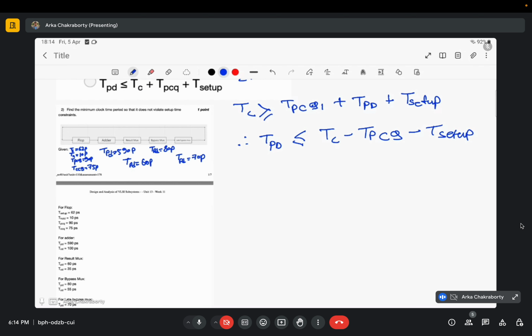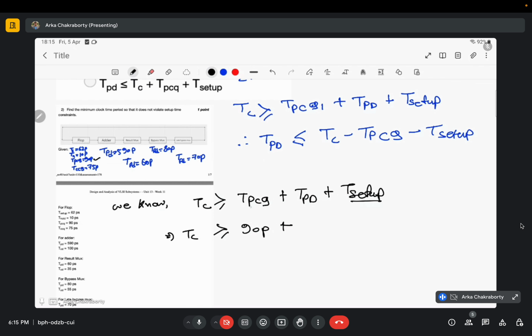So now for question number 2, we know TC is greater than or equal to TPCQ plus T propagation delay plus T setup. TPCQ is 90 pico. Setup time is given as 62 pico.